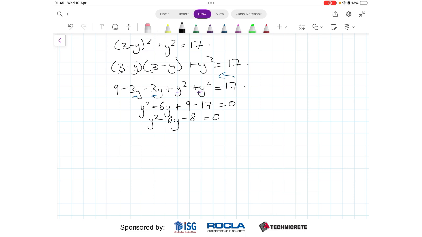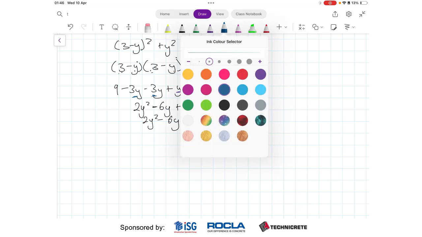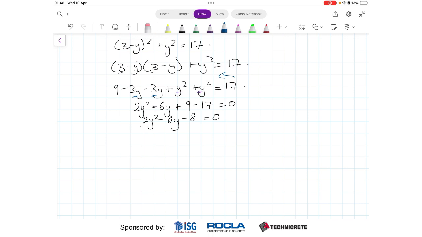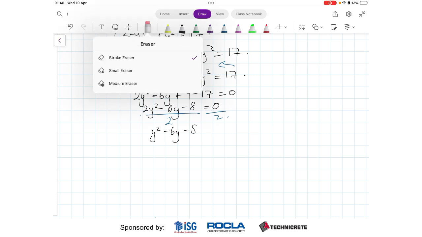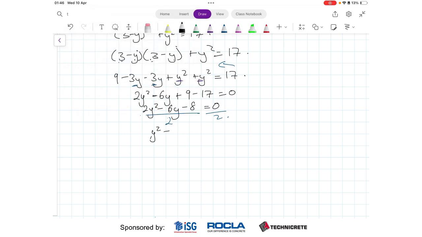Oh sorry, this must be 2y squared. From here you can clearly see that 2 is a common factor, so you can divide by 2, and you are left with y squared minus 3y minus 4 being equal to 0.